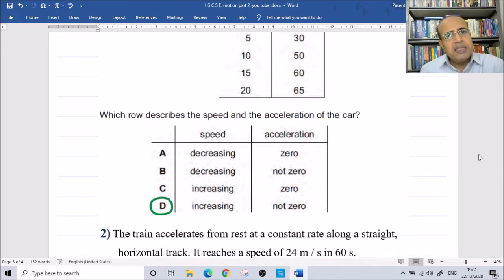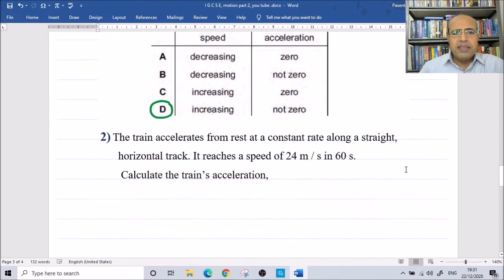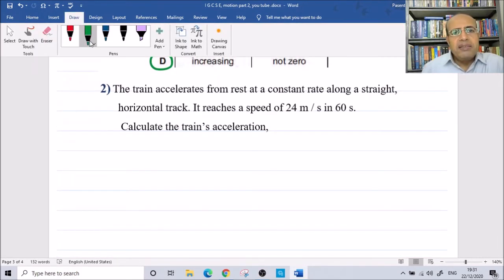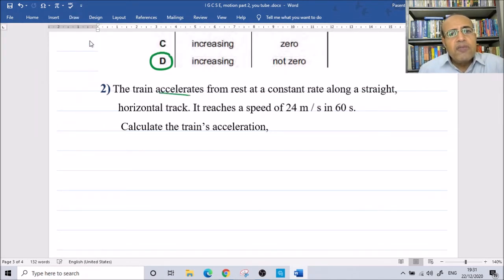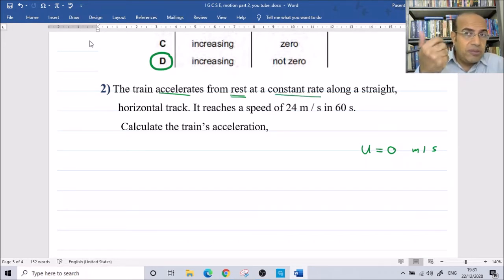The speed increases and the acceleration is not 0. Look at the next question. A train accelerates from rest. From rest, it means the initial velocity is 0. So write the given: u equals 0 meter per second. At constant rate, so it's uniform acceleration along a straight horizontal track.